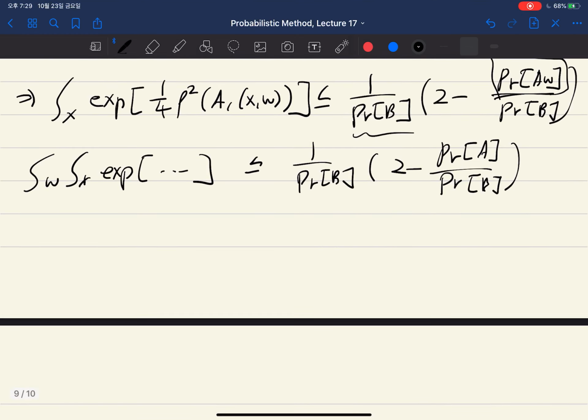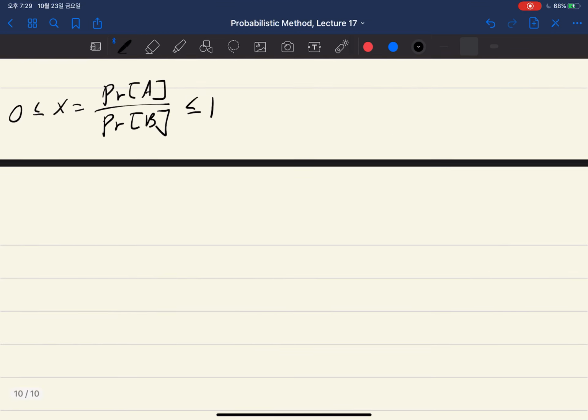And let x be the ratio between the probability of A and the probability of B. Note that this is also between 0 and 1, because B is obtained by taking the projection into the first n coordinates.